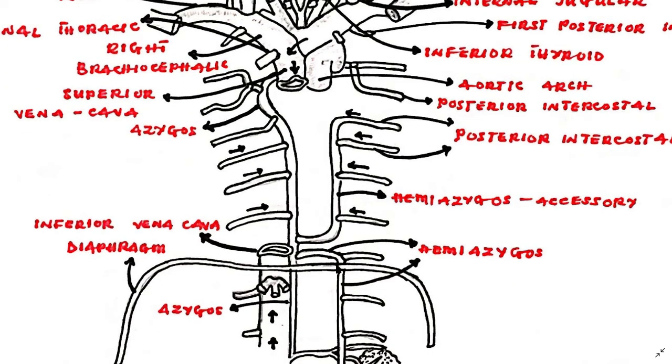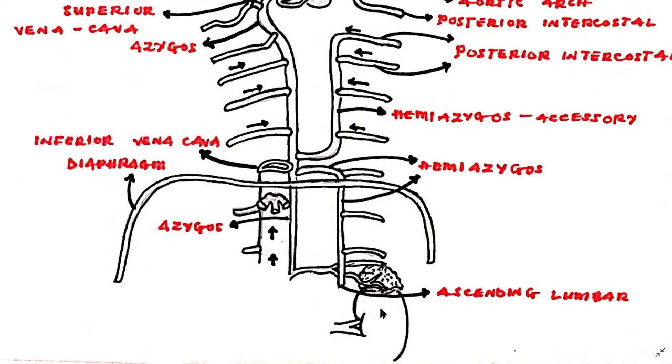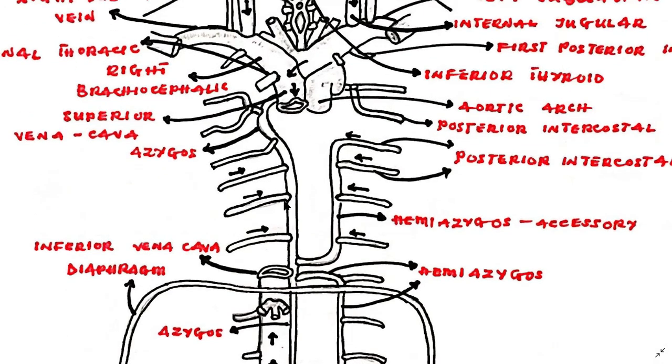The azygos vein transports deoxygenated blood from the posterior walls of the thorax and abdomen into the superior vena cava. It is formed by the union of the ascending lumbar veins with the right subcostal veins. From there, it ascends in the posterior mediastinum and passes over the right main bronchus posteriorly at the root of the right lung in order to join the superior vena cava.